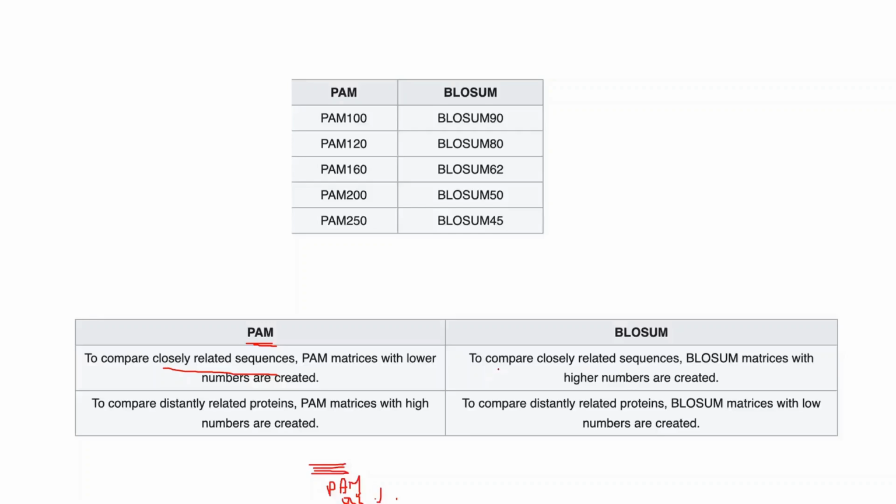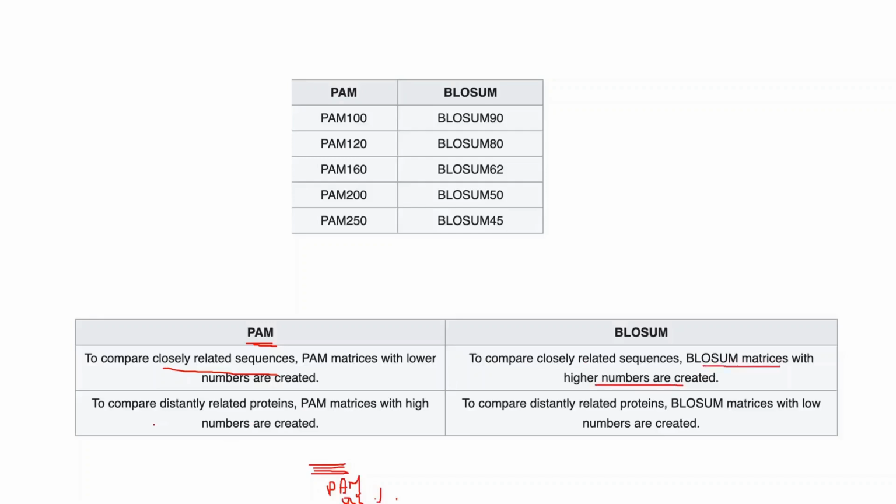To compare closely related sequences, you use a lower number of PAM matrix, and a higher number of BLOSUM matrix. Higher number of BLOSUM you have to use.